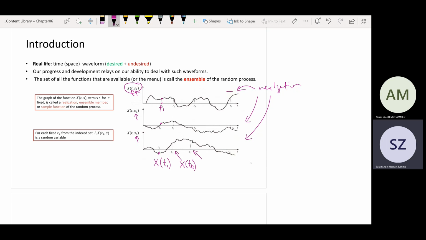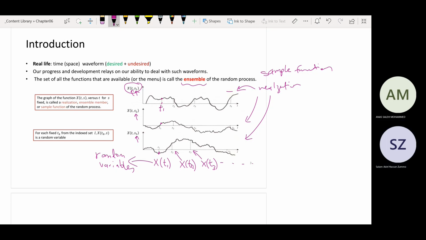At T3, we get x of T3, and so on. These are, again, random variables. We said this is called a realization or sample function. Now, the collection of all these is called the ensemble, or the random process.